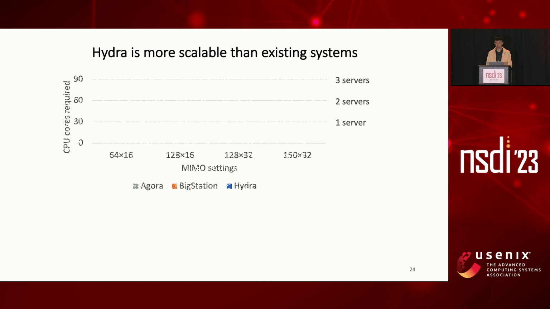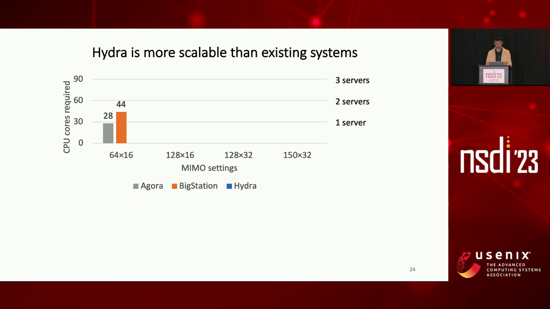Let's look at the end-to-end performance comparison between Hydra and the existing BigStation and Agora systems. Here, the x-axis shows different massive MIMO settings, and the y-axis shows the minimum number of CPU cores required for different cases. Our results show that Agora requires 28 CPU cores for 64 × 16 MIMO, and cannot support higher MIMO dimensions since it is a single server solution.